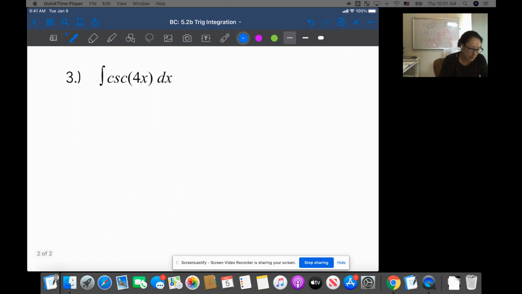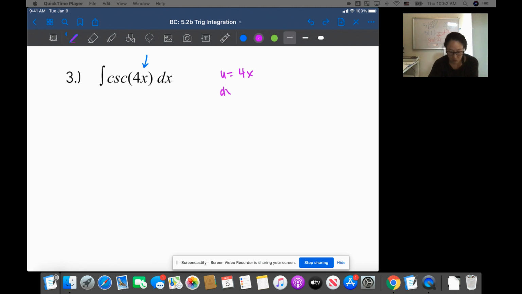Cosecant of 4x. So cosecant has a nested function of 4x, so I'm going to have to use a u substitution, okay, to undo that chain rule. So I'm going to go ahead and make u equal to 4x, since that's the inside part of my function.